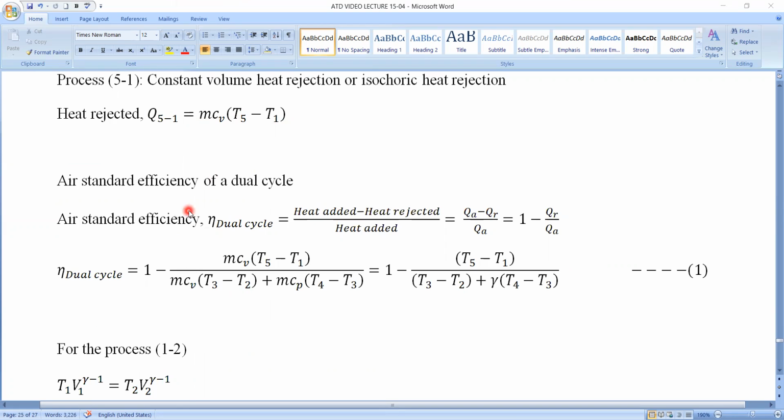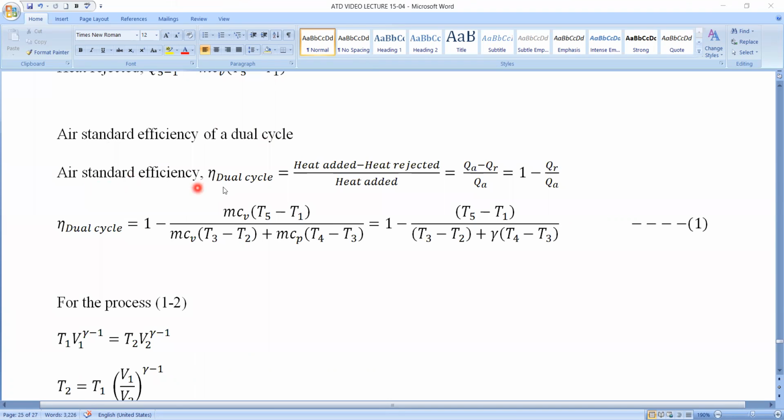Now the next step is to derive the equation for air standard efficiency of the dual cycle. You know the basic formula: the efficiency is given by net work done divided by total heat added. The net work is the difference between heat added and heat rejected. Just take QA minus QR divided by QA, or divide the denominator separately, so 1 minus QR by QA.